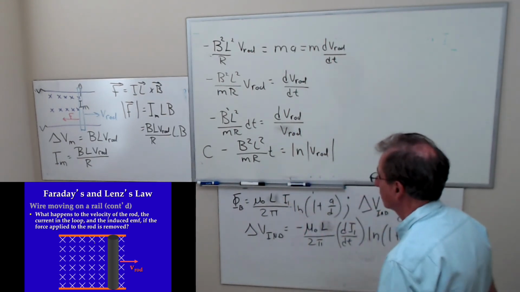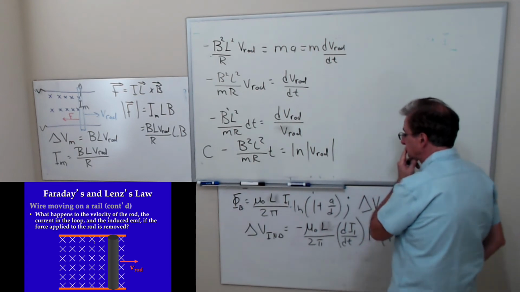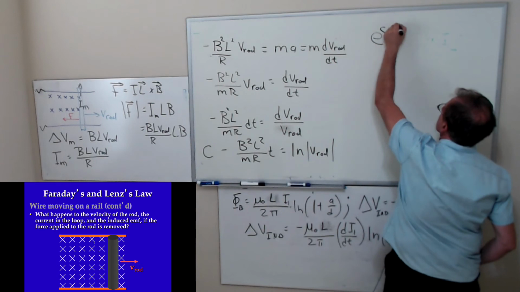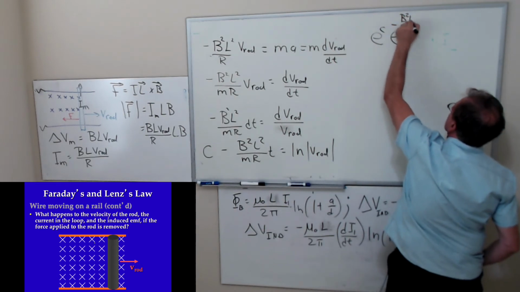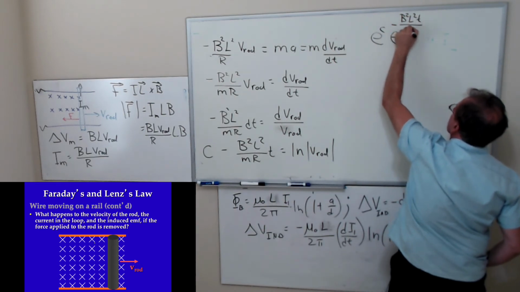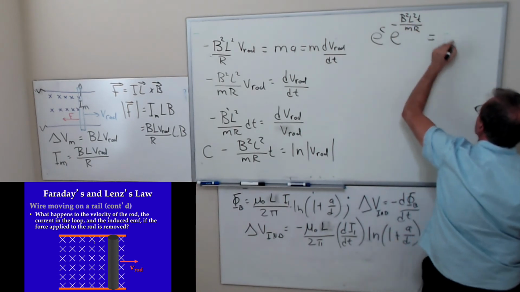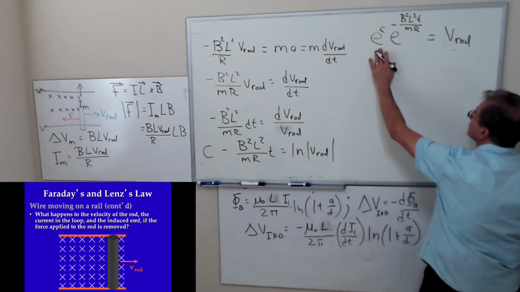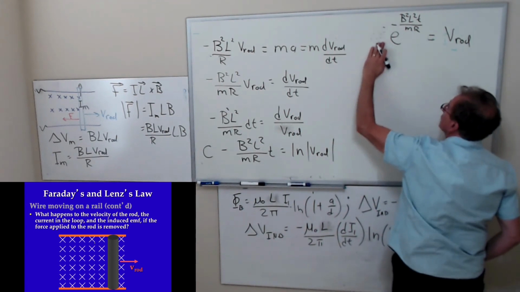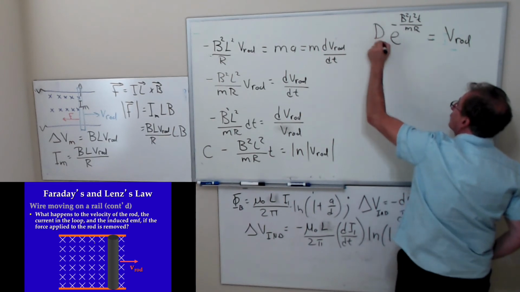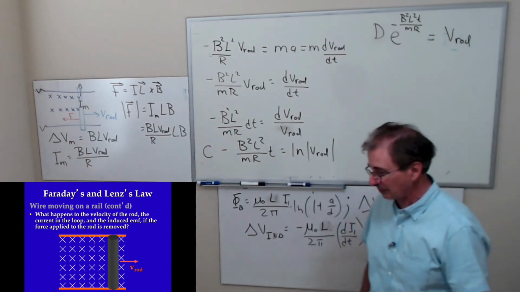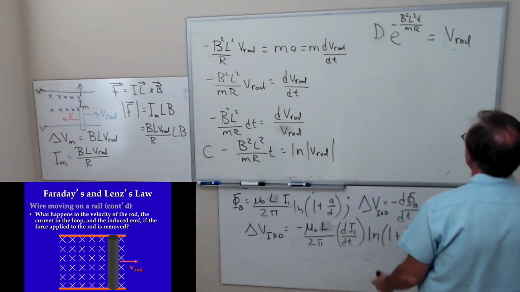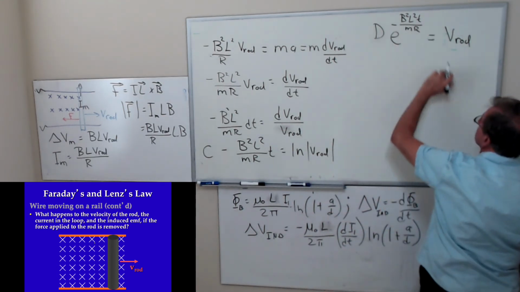Now, exponentiate both sides. E to the c is a constant, so I'll just call it d. I know if I call it c, you guys won't be happy, but I'll just call it d. Just a constant. What is that constant? Well, that constant is the velocity of the rod at t equals 0.